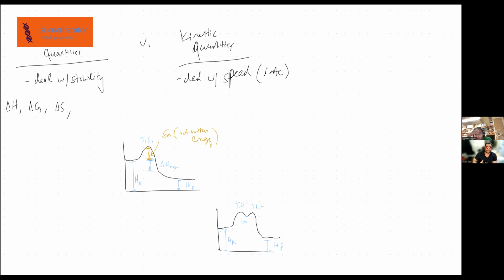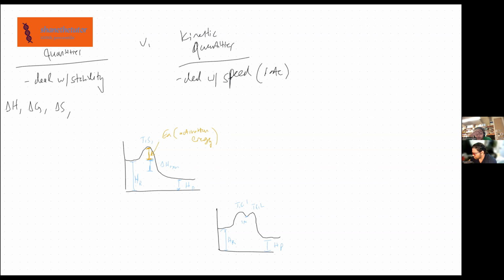But things that affect the speed, the rate of the reaction, that is a kinetic quantity. So activation energy: if you reduce the activation energy, you're not changing the energy of the reactants or the products, right? You're not changing their stability. But what you are doing is lowering that activation energy, enabling the reaction to proceed at a higher rate.